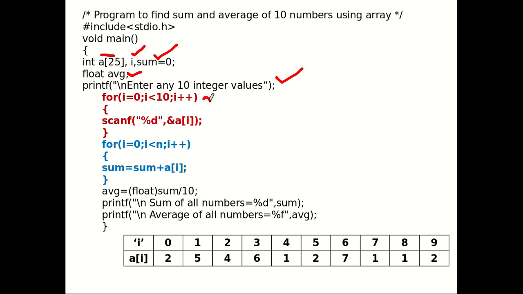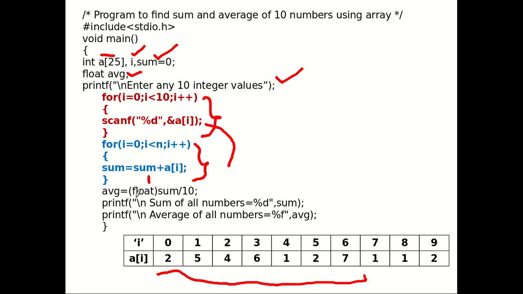So as usual, 10 numbers are stored in memory locations here, and after storing, each and every element is read from the memory location and added to the sum. Once the complete addition of all the array elements is performed, it will come out from the loop.